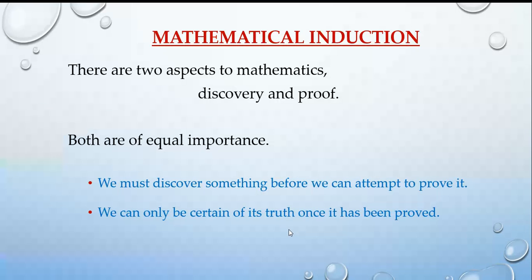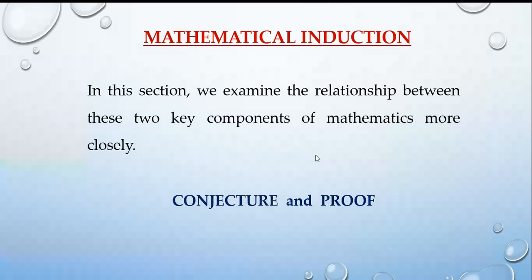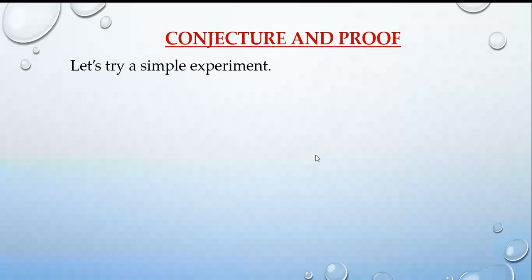So in this section, we examine the relationship between these two key components of mathematics more closely: conjecture and proof. Let's try an example.